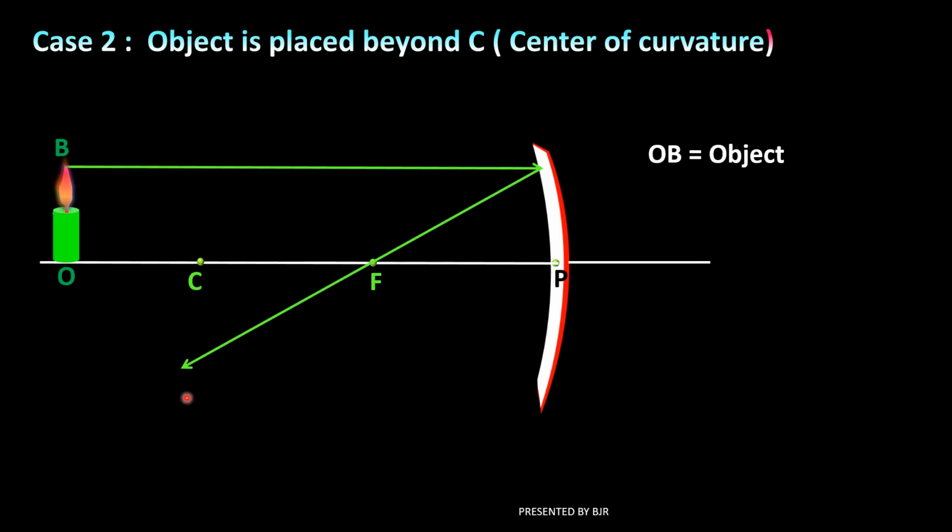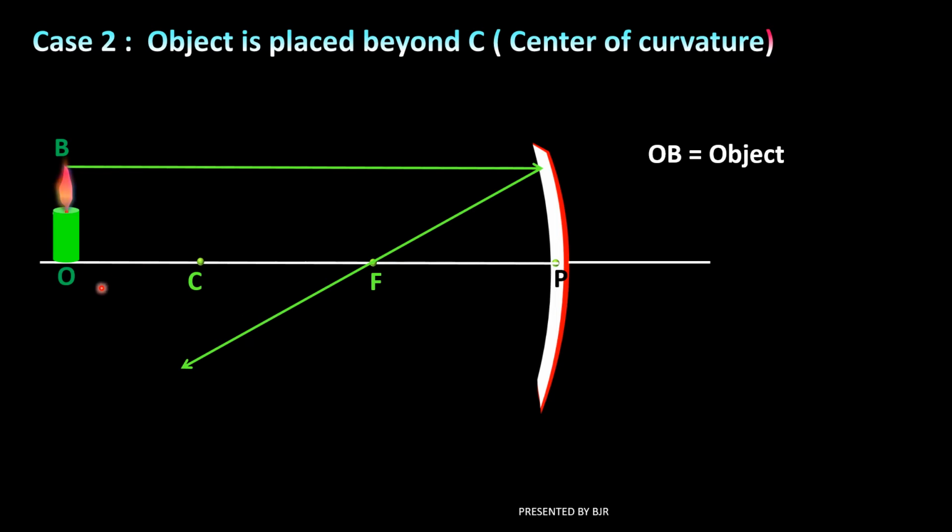Okay, so this is the first reflected ray. Now I already explained to you the behavior of the second ray. I am not going to draw the second incident ray. You just have to draw the reflected ray directly from the point B passing through the center of curvature. Okay, so draw the second ray directly from B through C. That will serve as the reflected ray only, because I already explained this case.